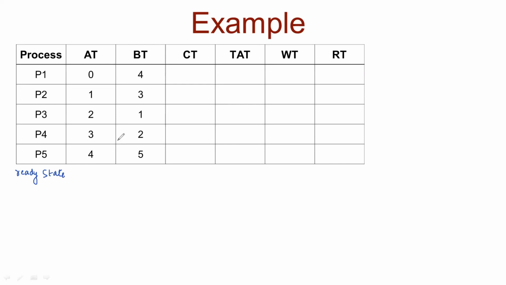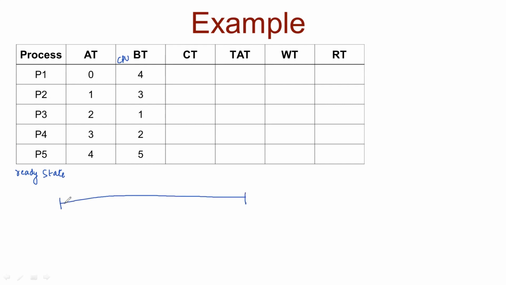So these are the arrival times, and these are the CPU burst times. Means process P1 needs 4 milliseconds of CPU, P2 needs 3 milliseconds of CPU for its execution, and so on. So we'll understand this problem by plotting a Gantt chart.